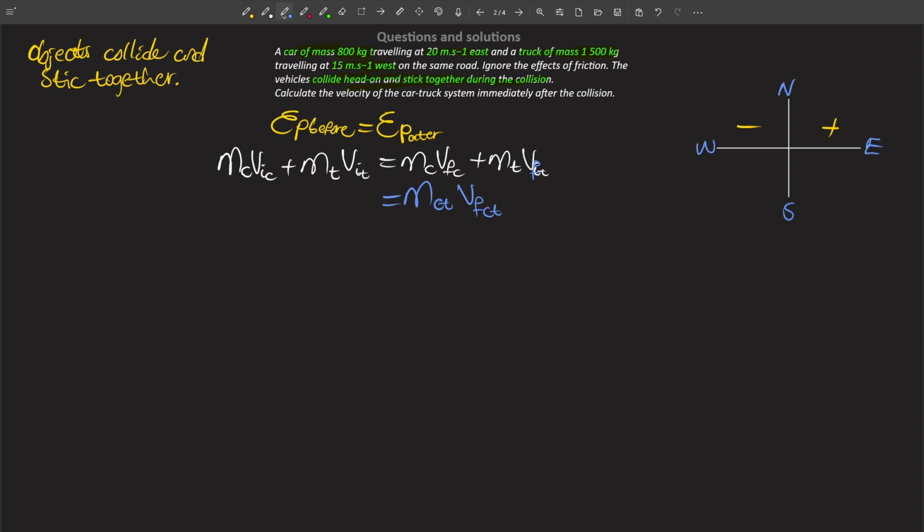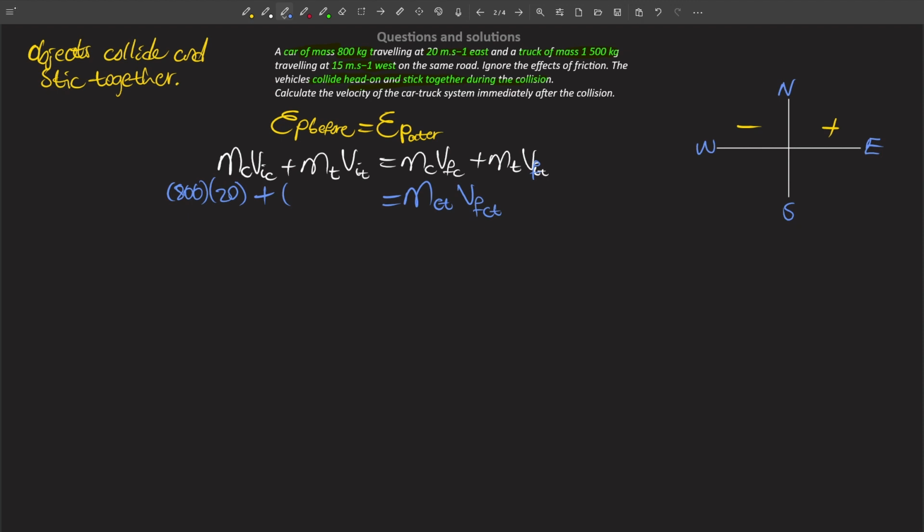So let's now substitute. Before collision they were moving in separate directions, but after collision they stick together and move together. Pay attention to that. The car has a mass of 800 kilograms and is moving at 20 meters per second east. As I've indicated, east is positive, so this remains positive.